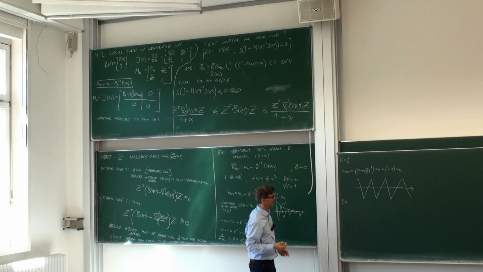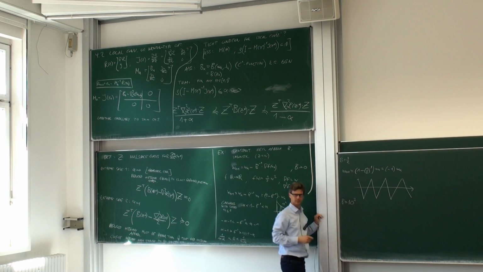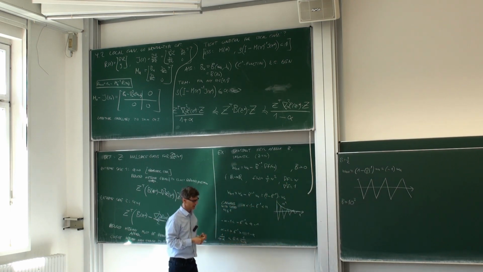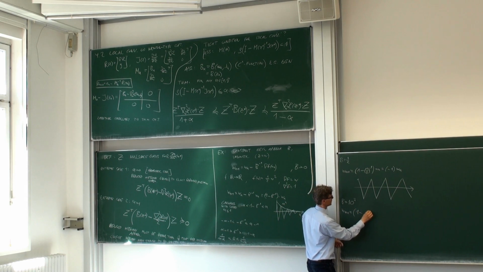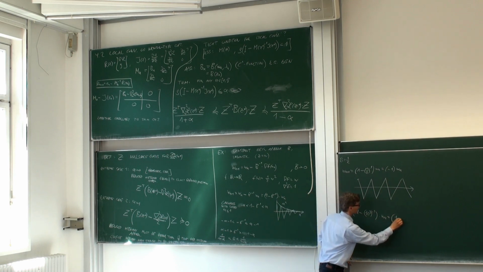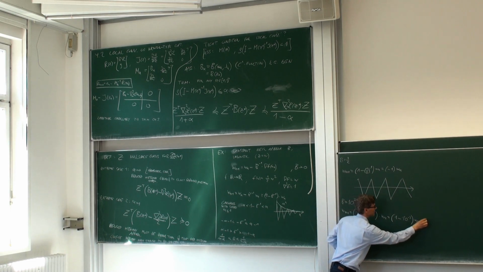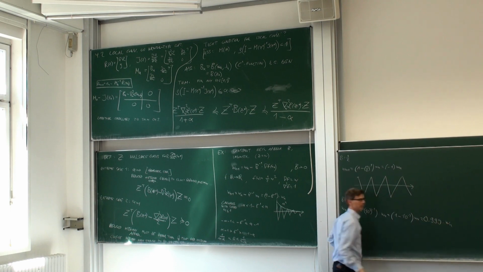So that's clear. But what happens if I choose my b ridiculously large, 10 to the 3, something really, really big? What will happen is that I have wk plus 1 equal to 1 minus 10 to the 3 to the minus 1 times wk, which is of course 1 minus 10 to the minus 3 times wk, which is actually 0.999 times wk.